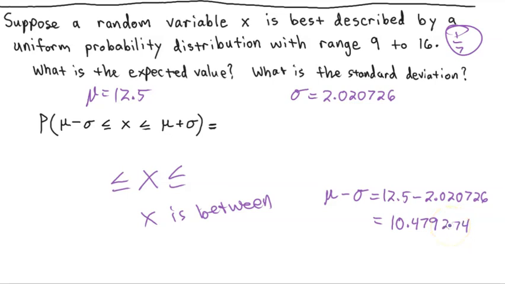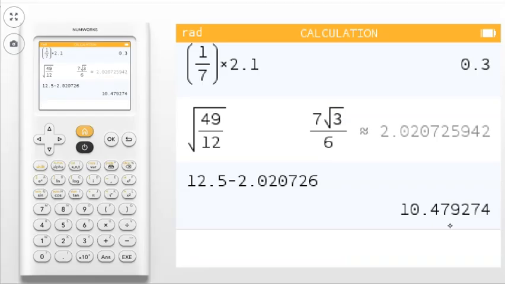And now we've got to do mu plus the standard deviation, okay? So mu plus the standard deviation is going to be 12.5 plus 2.020726. And let's see what that gives us.